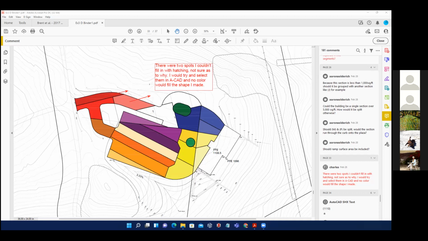For instance, if you divide this, that definitely would go into your green in the middle here. And then all the rest will keep flowing. I don't think that would exceed 5,000 square feet. So this lighter red can be combined with this darker red. So they all go here and keep moving forward.